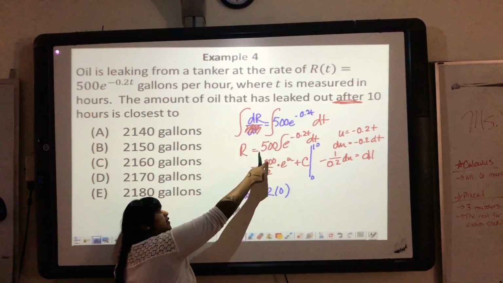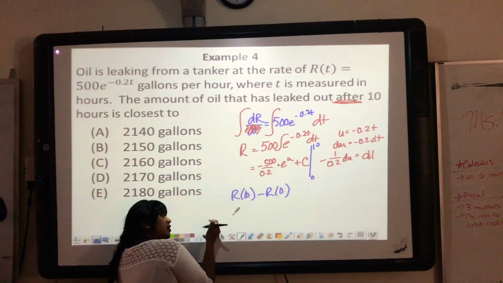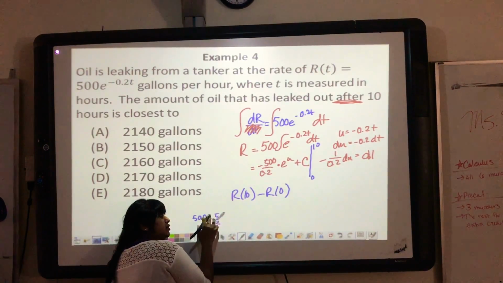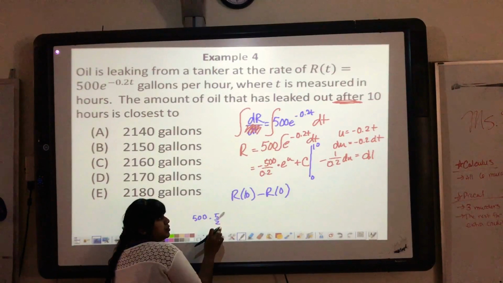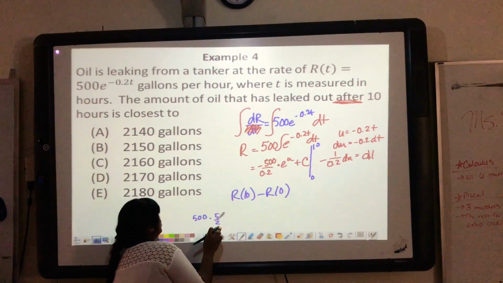So negative 500 divided by 0.2, that's the same as saying 500 divided by 5 halves, which is the same as saying 500 times 2/5, so times 5 halves comes here. 25 divided by 2. I'm left with what, 1225?